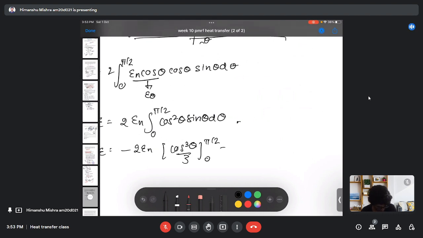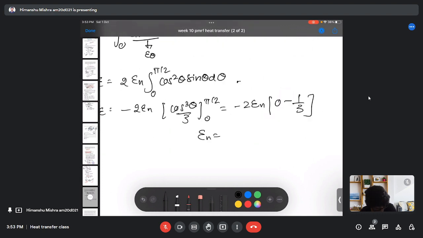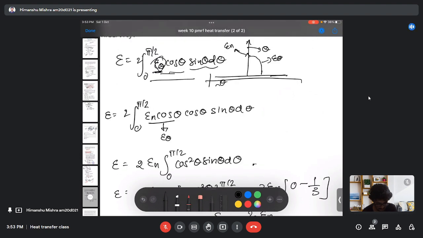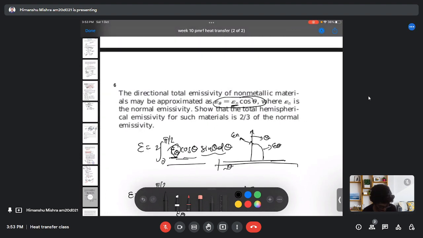After putting the value here, I will get my total emissivity as 2/3 of the normal emissivity. So this is what we needed to show: that the total hemispherical emissivity is 2/3 of the normal emissivity.